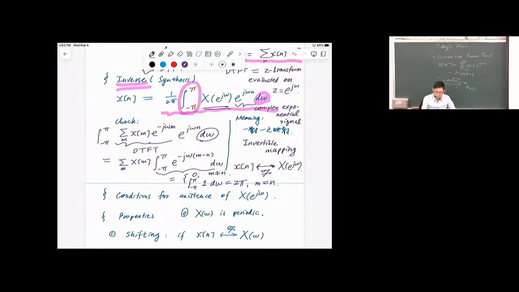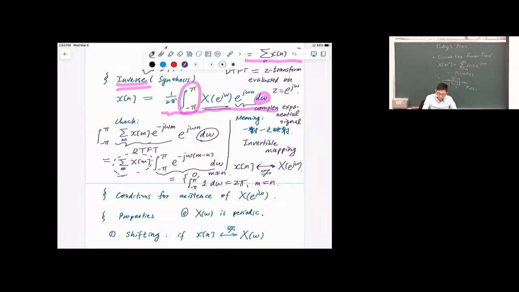So now this integral is 0 unless m equals n, and this summation becomes pretty trivial. It's not really a summation. It is non-zero only when m equals n, and when that happens, its value is 2 pi.